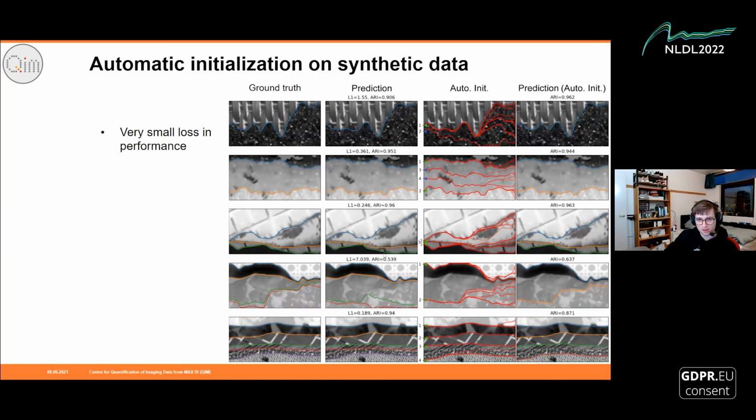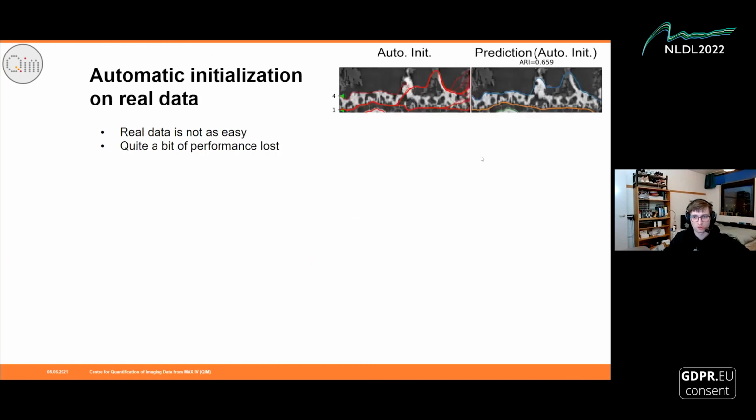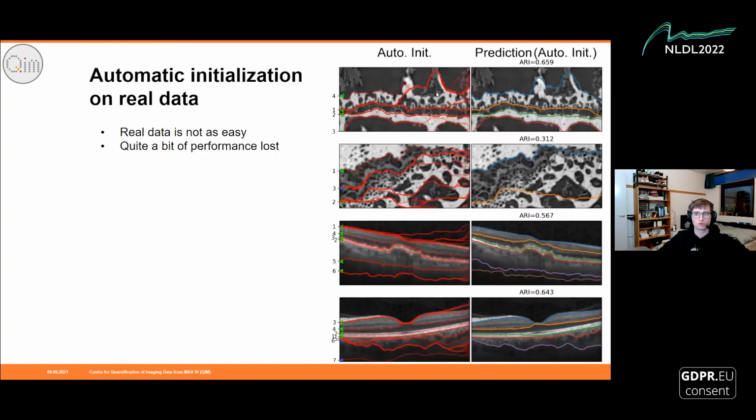It even fails in the situation where it is given the initializations. In the bottom image, we only find 4 out of the 5 layers that we were supposed to segment. But generally, there would be very little loss compared to when we did a manual initialization.